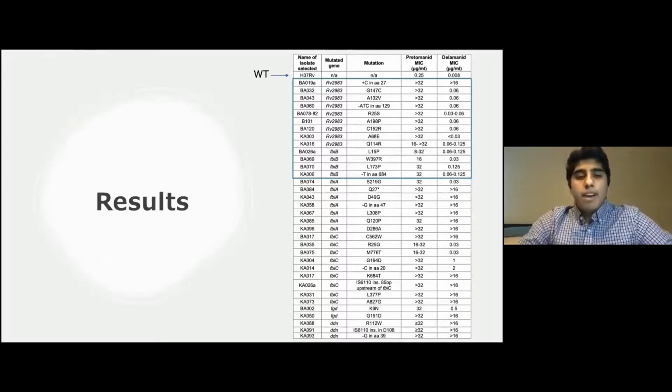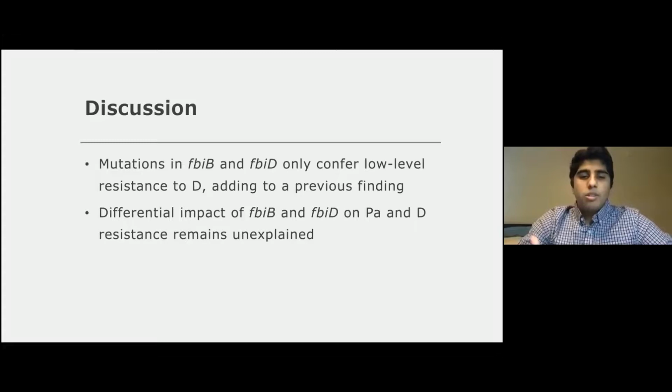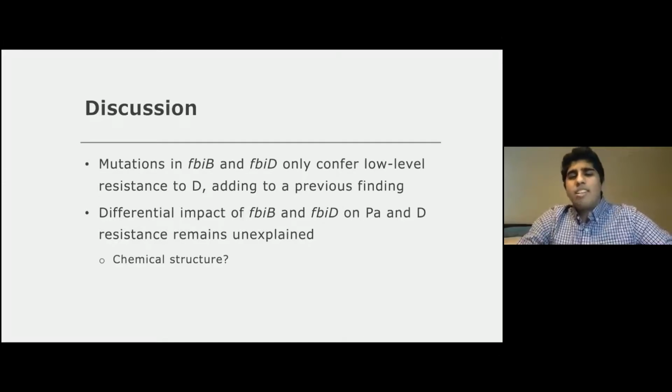But the main factor that I did want to point out is that mutations in FBIB and FBID only conferred low-level resistance to delaminid and not other genes. And that was kind of confusing. We still don't know why this differential impact of FBIB and FBID exists. Our lab has a theory that it could be the chemical structure of these two drugs.